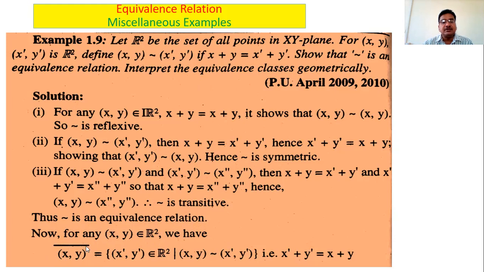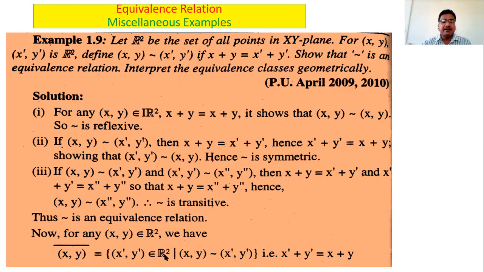So this is the notation for the equivalence class, and it is the set of elements (x', y') from R² such that (x, y) is related to (x', y'), and that is x + y = x' + y'. Because (x, y) is related to (x', y') means x' + y' = x + y.